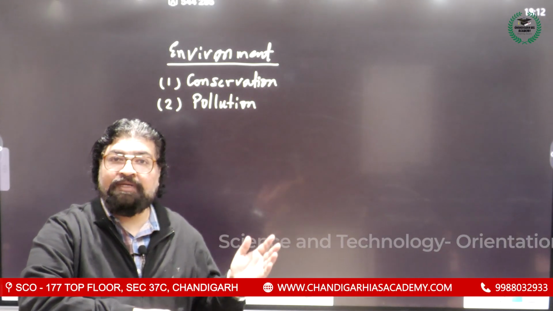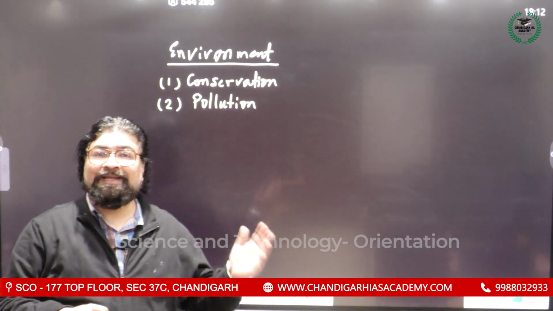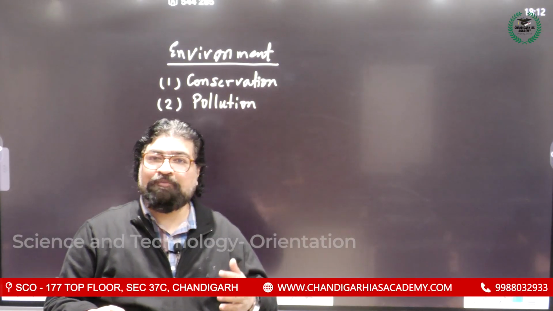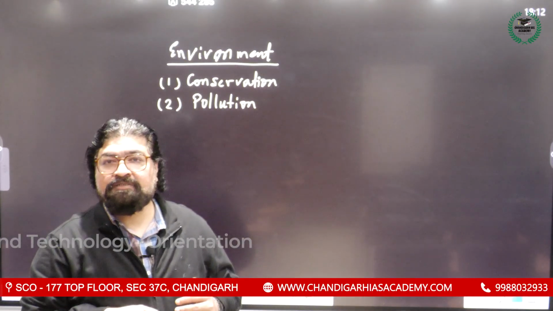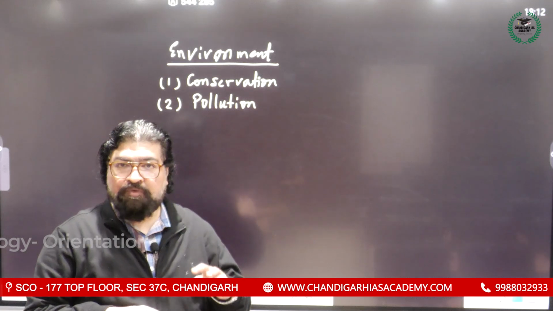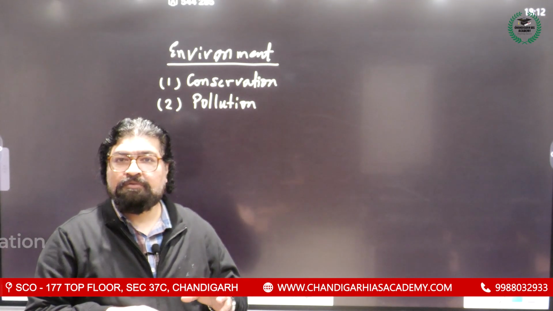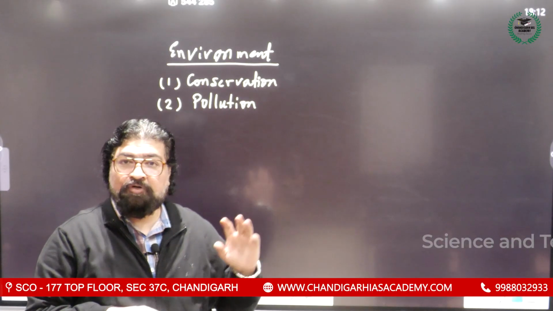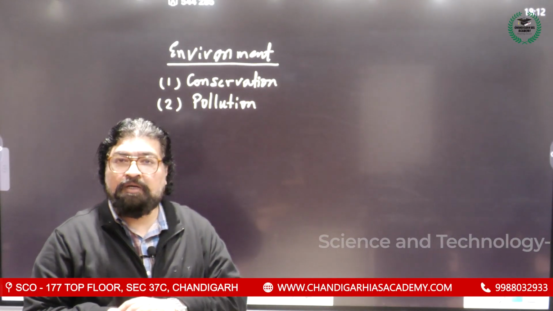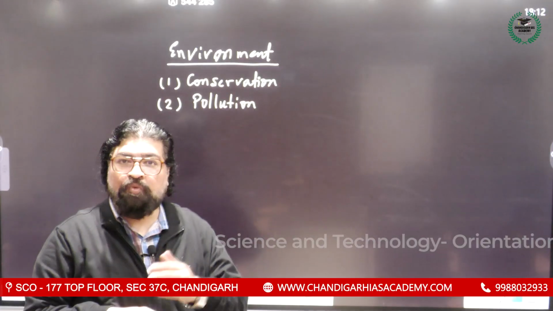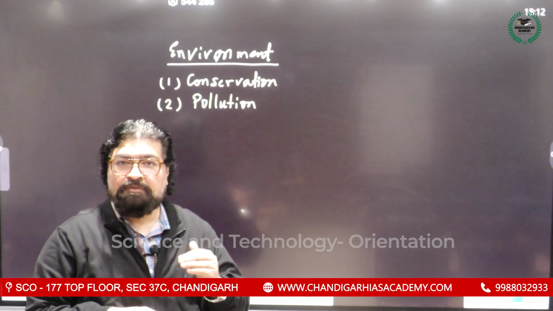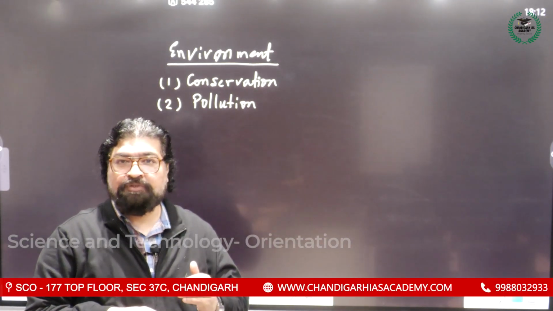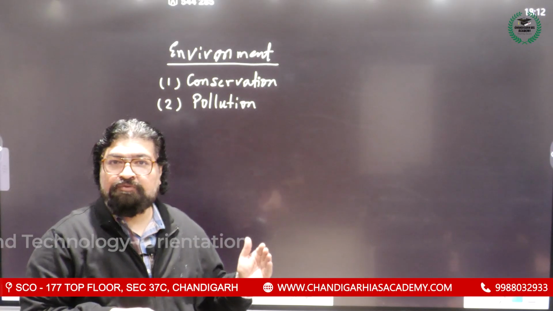Nationwide, there are problems due to arsenic, lead, mercury, and other toxic chemicals coming into the groundwater. So groundwater pollution, then air pollution, Delhi air pollution, and apart from air pollution, water pollution, river pollution, lake pollution, wetland pollution, all this comes into that.